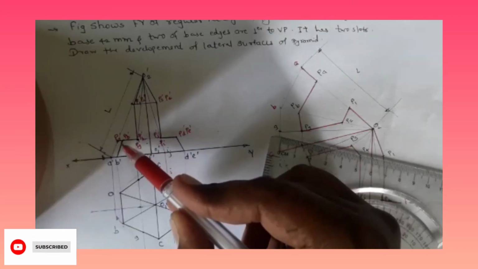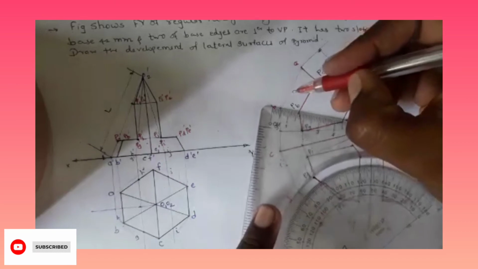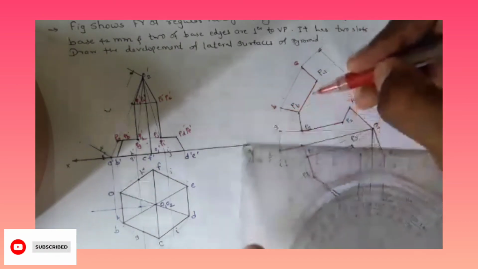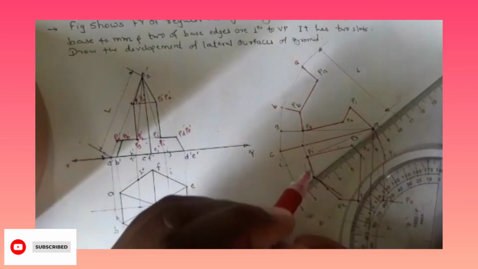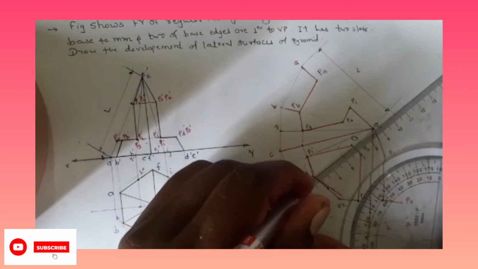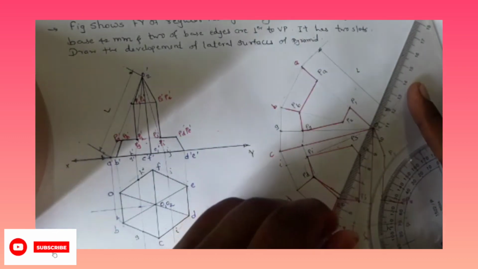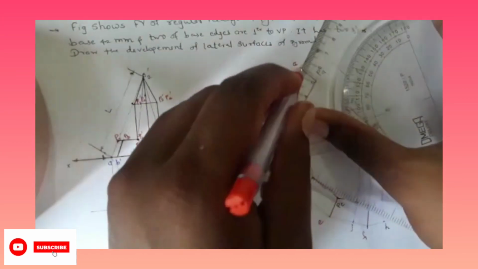So these are PA to A and PB to B. So here also, so like this you will get the edges, and the remaining at the end you have to make this a dark one.